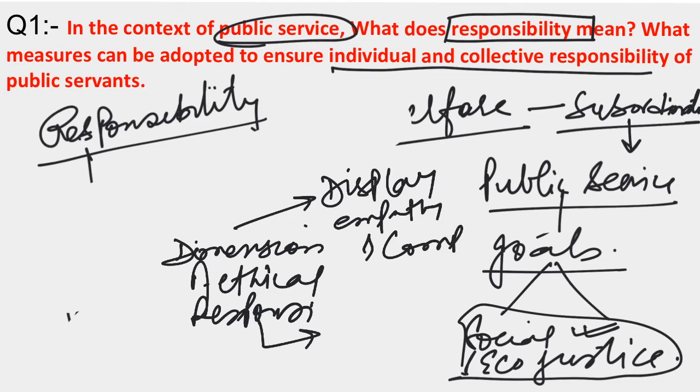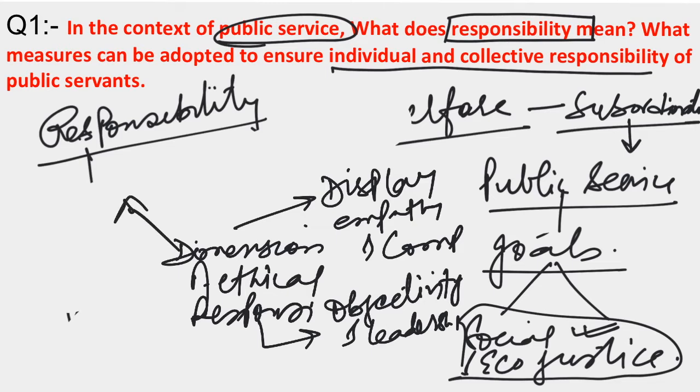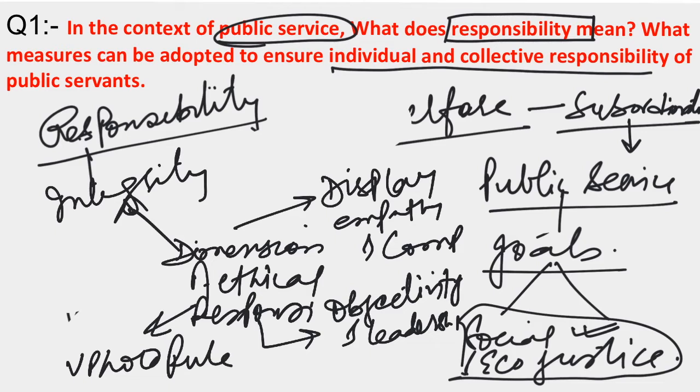Second, you can talk about revealing the value of objectivity and leadership. Then you can talk about displaying the highest standards of integrity. Then you can say to uphold the rule of law. This is a very basic responsibility of any public servant.